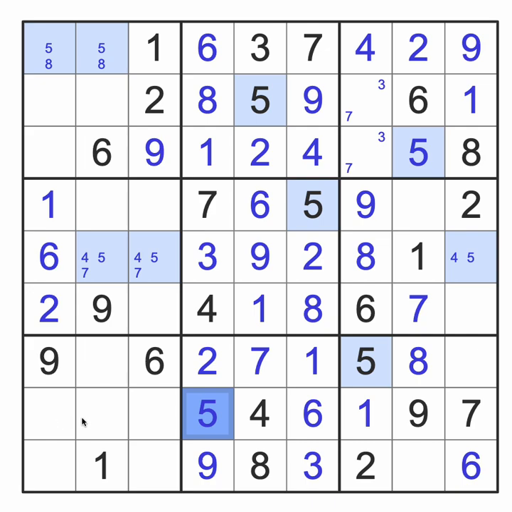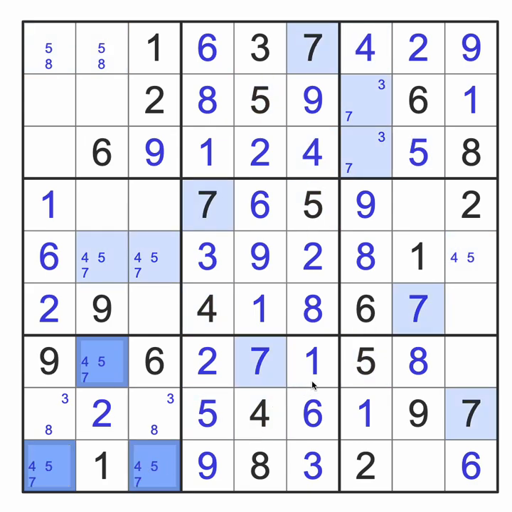2, 3, 8. This row is missing 2, 3, 8. 2 blocks these two cells, gives me 2 here, and 3, 8 double here makes these 3 cells 4, 5, 7 triple.